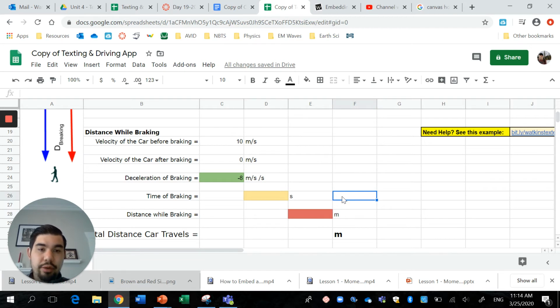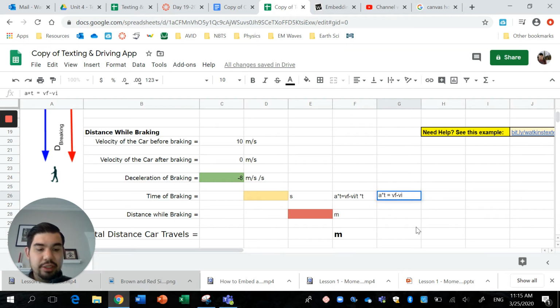So the formula we learned for acceleration is acceleration equals final velocity minus initial velocity divided by time. Now in this case, we want to get time by itself. So what we would do, right, just using some algebra to get time by itself, is we'd multiply both sides by time. What we'd end up with is acceleration times time equals final velocity minus initial velocity.